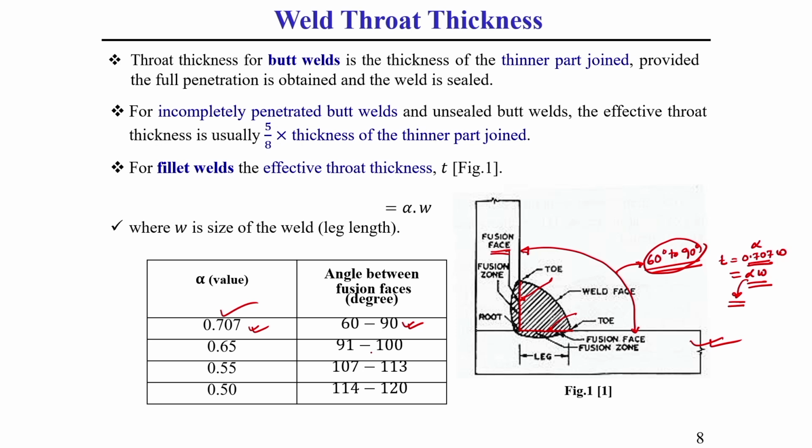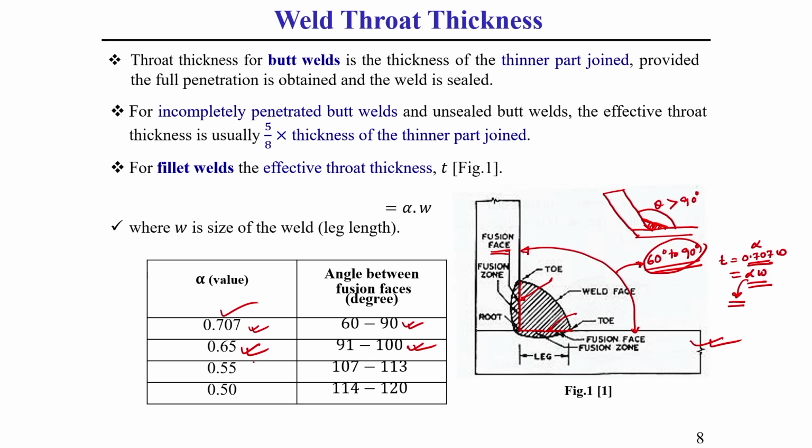If the angle is more, let this be one specimen and this be another specimen. If you do the fillet welding here and the angle theta is more than 90 degrees, say 91 to 100 degrees, then generally the throat thickness is reduced, so alpha is also less.